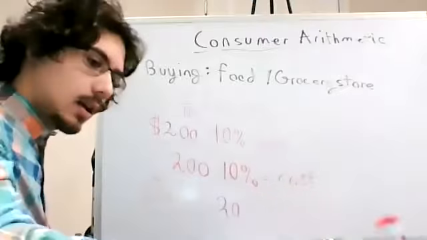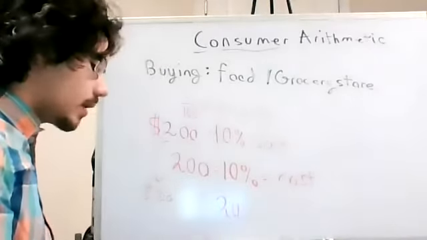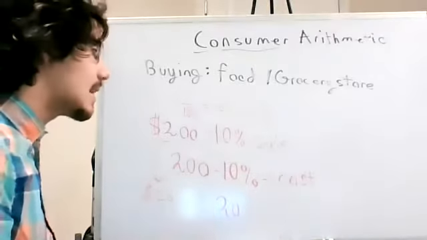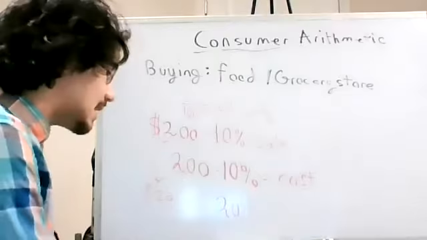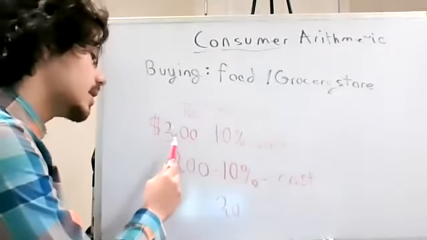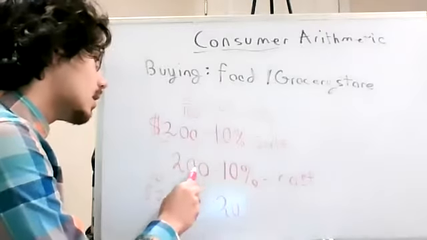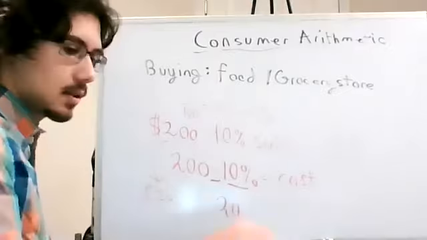Okay. Well, when you go to the store, they have the sale on the sign and they say it is 10% off. What this means is that from the $200 originally, because it is 10% off, it is minus 10%.